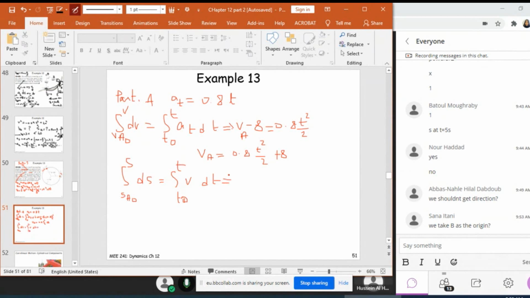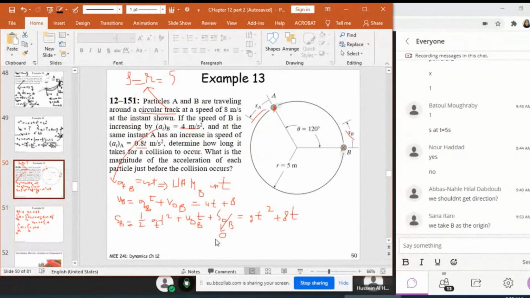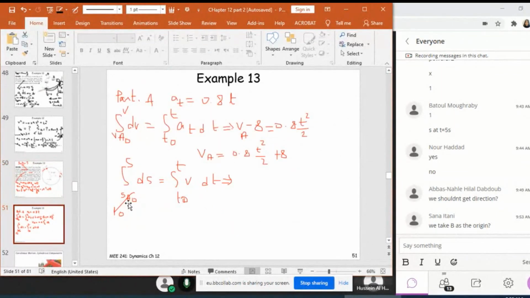And this will give me SA. Now, since, guys, in this problem, we are taking A0 as the origin for particle A, this will be equal to 0, right? So, guys, for both particles, S0B and S0A will be equal to 0 because for each particle, I'm taking a different origin.